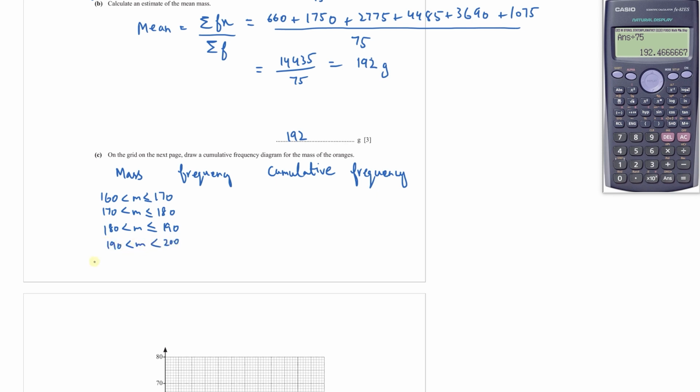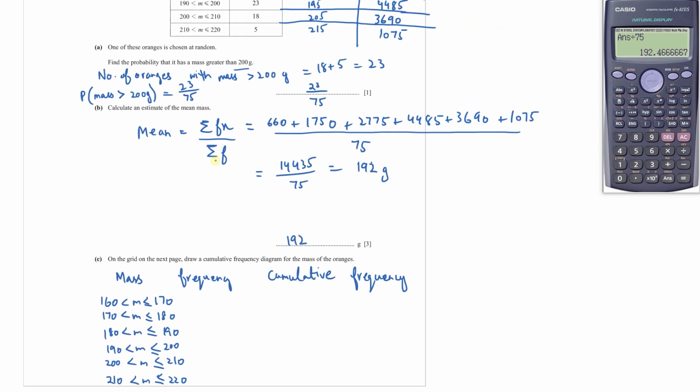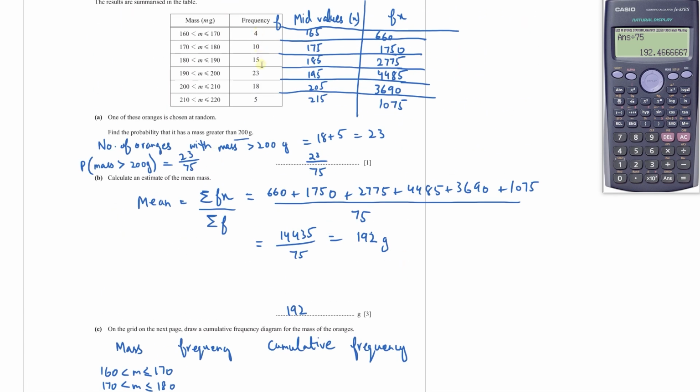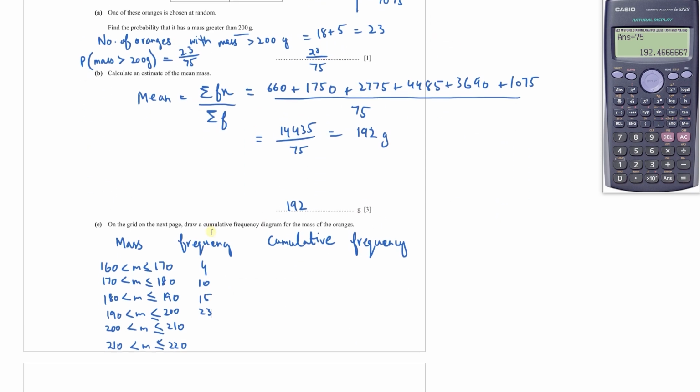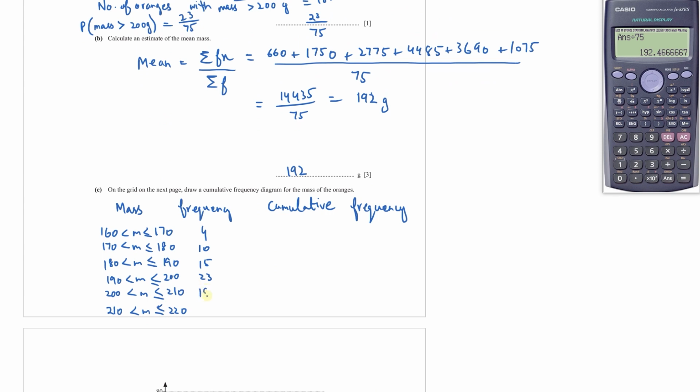This will be 200. 210, and then 220. So the frequencies are 4, 10, 15, 23, 18, and 5. So let me actually draw these lines as well.